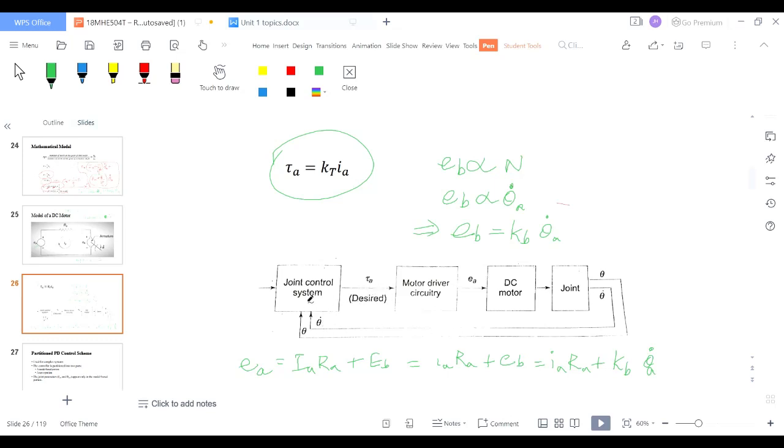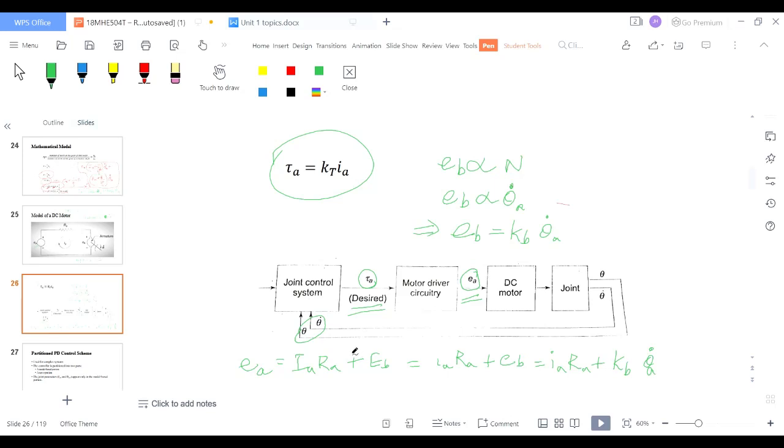And this joint control system decides the desired torque to be provided, and this motor driver circuitry provides the voltage to the DC motor here. So this DC motor provides sufficient torque to the joint based on this desired torque as well as the voltage, which is again continuously tuned by these feedbacks.